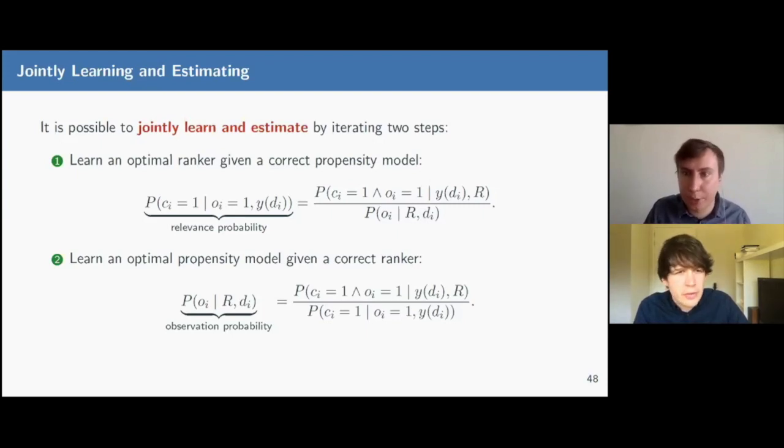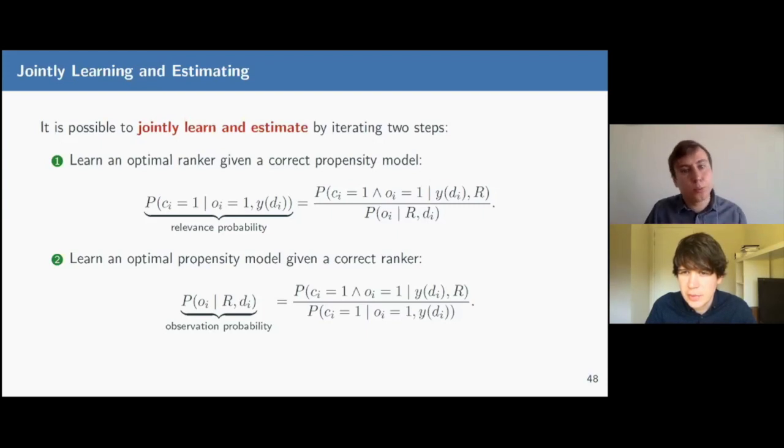I also noticed that you're calling the relevance probability a ranker here, right? Right, yeah. But normally a ranker doesn't have to follow a distribution, right? You can give any score as long as the ordering is correct. Is that still the case here, or does the ranker need to be close to the relevance probabilities?